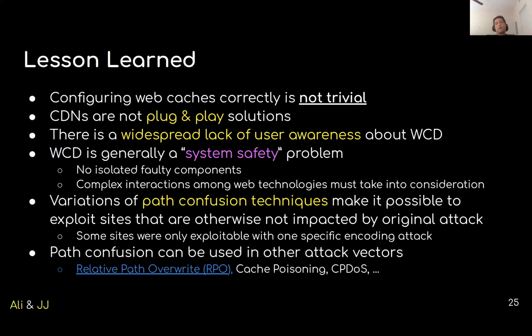And at the end, path confusion can be used in other attack vectors. In 2018, we showed that relative path override, RPO, is a path confusion technique that can apply in these attack techniques and increase the chance of exploitability. Path confusion can apply to cache poisoning or CPDoS and other attacks.